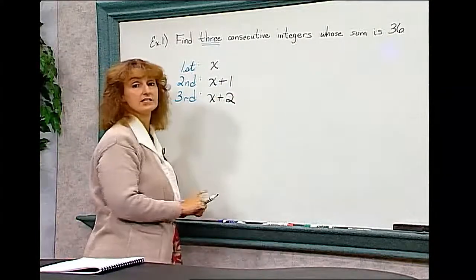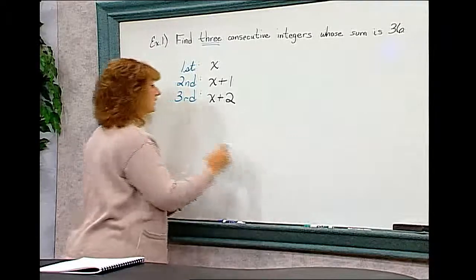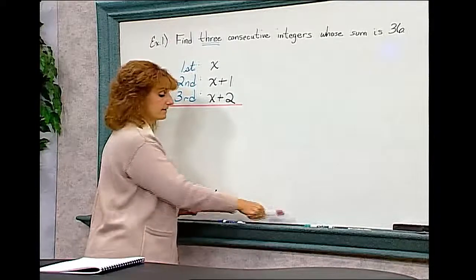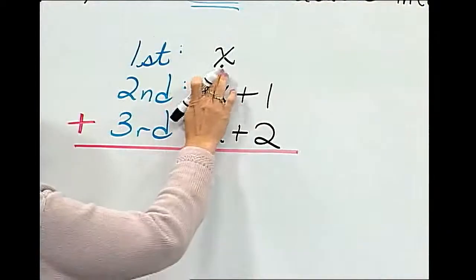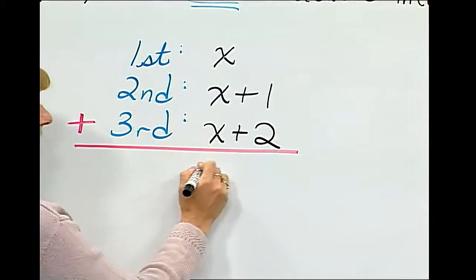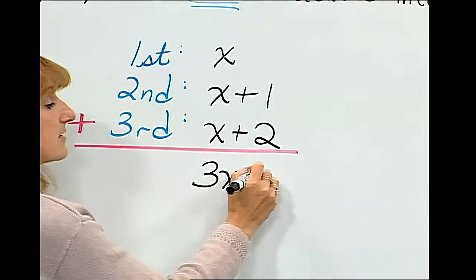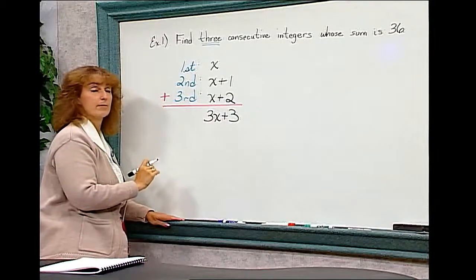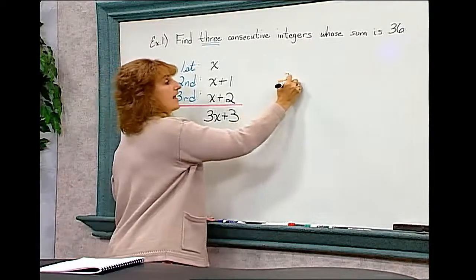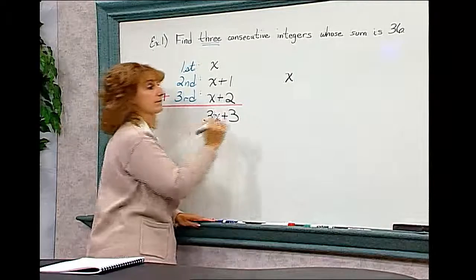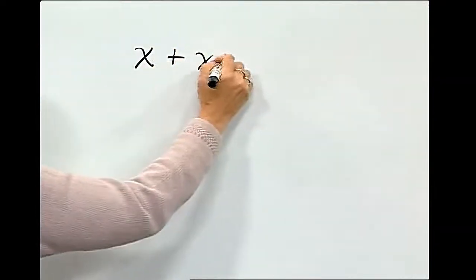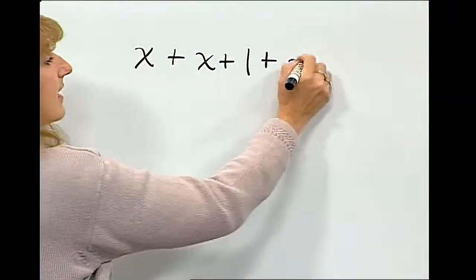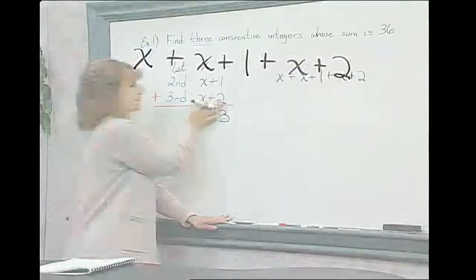Their sum is 36, which means we have to add them up. So when I add these up, I have 1x, 2x, 3x plus 3. If you don't like adding vertically, remember you can write this as x, there's my first number, plus x plus 1, there's my second number, plus x plus 2, there's my third number.